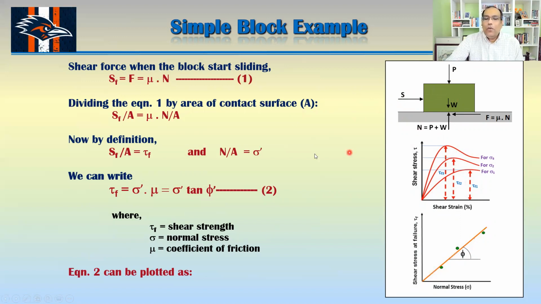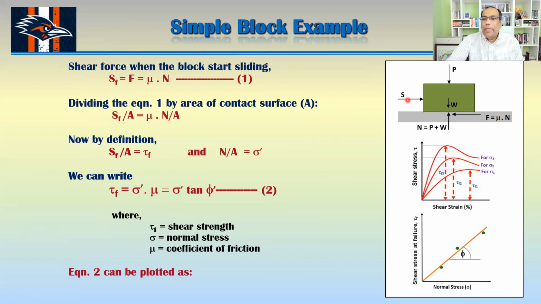So if you see this figure, this is P and this is the weight of that particle here. So the normal force would be N equal to P plus W, okay? Now, the maximum resistance this can offer is basically mu multiplied by N. N is the normal force, mu is the coefficient of friction, okay?